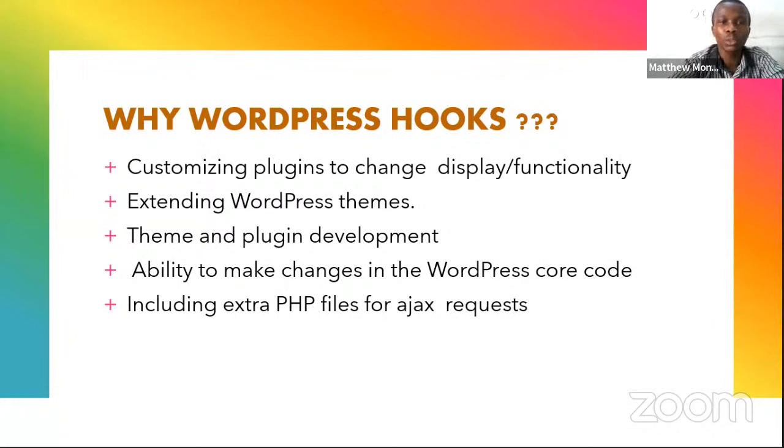First thing is to customize plugins to change display and functionality. Fine, lots of plugins are out there with WordPress. For example, if you want to be able to like a page, or you want to allow comments in your WordPress blog, you can simply install a plugin that is meant for comments. That alone is not sufficient for a robust website.